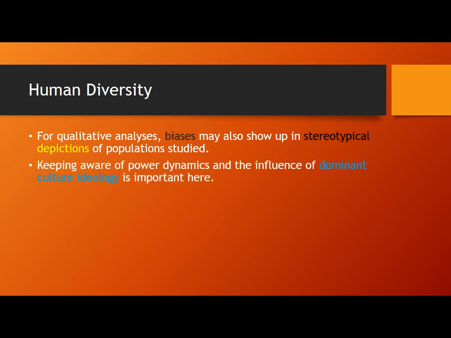So again, that's why I think we have to take extra care when we're doing qualitative analyses. Keeping aware of power dynamics that influence dominant culture ideology is very important here. Again, whether we know it or not, everyone's worldviews are constructed and filtered through a lot of different paradigms, and those have overlays of our individual cultures that we come from in our families, in our larger social networks, in our religions, in our country.